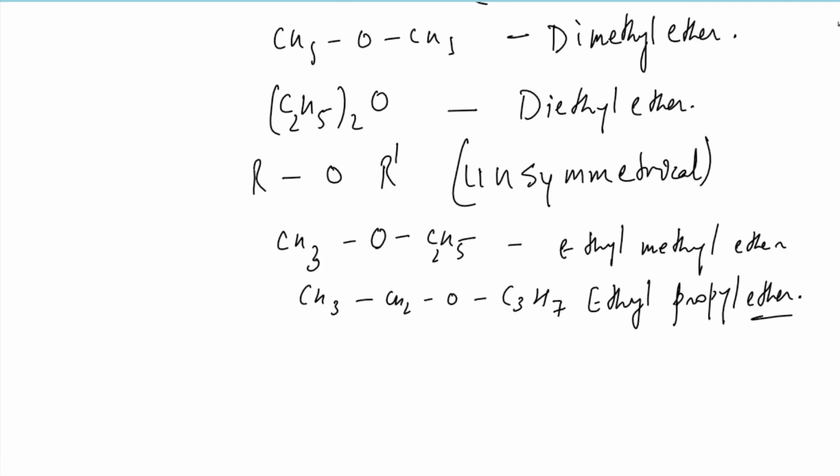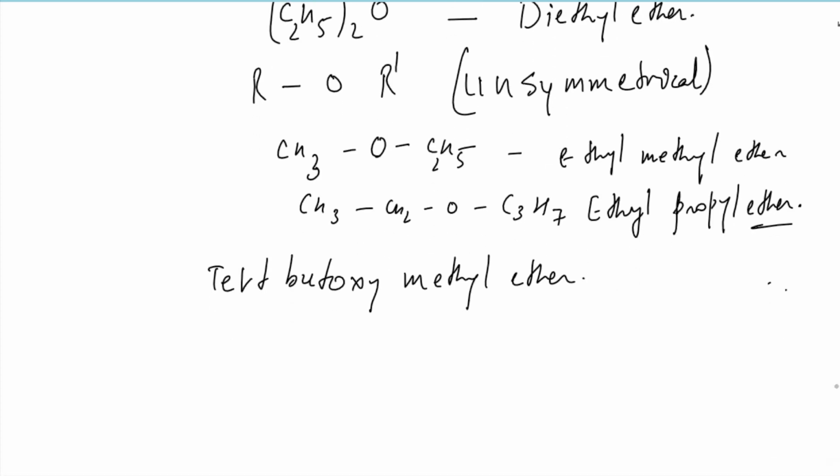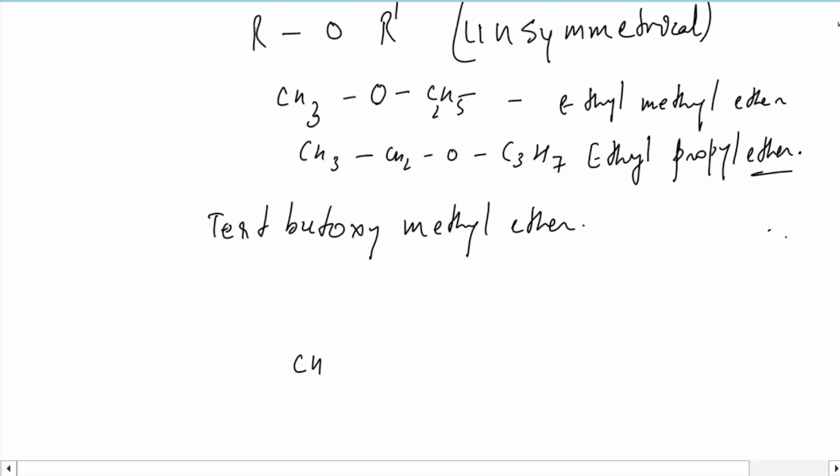Next to this is, if it's tert-butoxymethyl ether, give the IUPAC name for this compound. Say there is a question like this. So what will be its name? CH3, CH3.